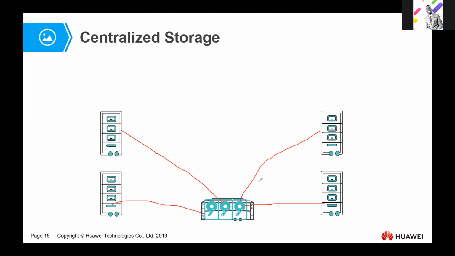With centralized storage, it means that all storage resources are centrally deployed, like you see here, and they are provisioned over a unified interface. All physical disks are centrally deployed in disk enclosures, and they are used to provide storage services externally through the controller.